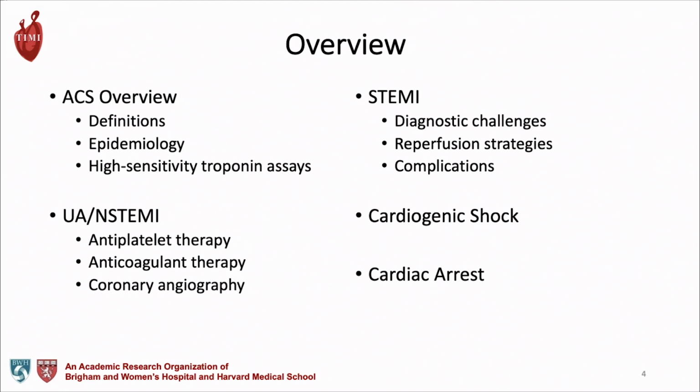We'll then spend some time talking about management approaches for the two main classes of acute coronary syndromes, namely non-ST segment elevation acute coronary syndromes, which includes both unstable angina and NSTEMI, and then we'll move on to ST segment elevation myocardial infarction. And finally, we'll end with a brief discussion of cardiogenic shock and cardiac arrest, two important complications of acute coronary syndromes that are obviously germane to the management of patients in an intensive care unit.